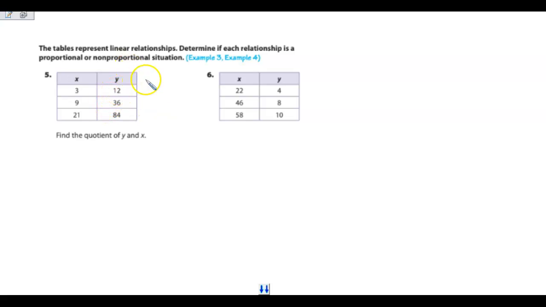If I take 12, and remember a constant is y over x, so I'm going to take 12 over 3, and that simplifies to 4. 36 over 9 simplifies to 4. 84 over 21 simplifies to 4. I have a constant. Is it proportional or non-proportional? It is proportional.